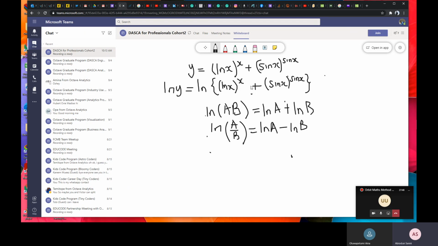If it is multiplication or division, then taking ln directly would have helped. But this way, it's not going to help.